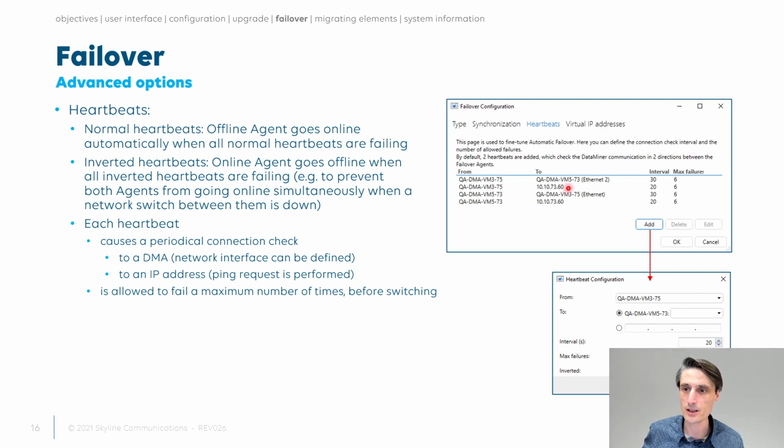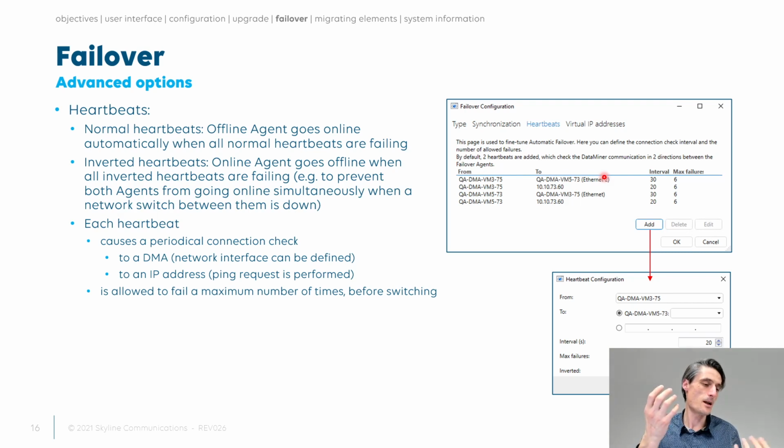In this case, this was configured. The 75 is checking the .60 address here, and the 73 is also checking the .60. So they are both checking if they are still on the network or if they are maybe isolated. I say inverted heartbeat switch because it's basically the other way around.